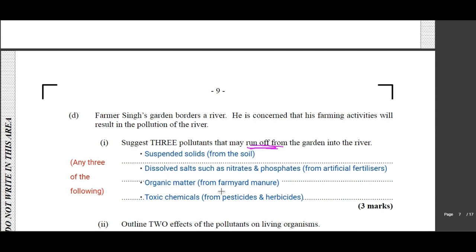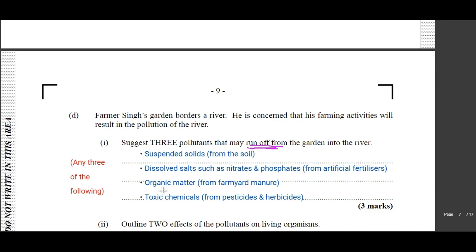Organic matter, your farmyard manure, right? That also can get washed away. Toxic chemicals, even pesticides, my goodness. Your pesticides, your herbicides, right? Those also can be washed into the river, right? So any of these you can choose from.